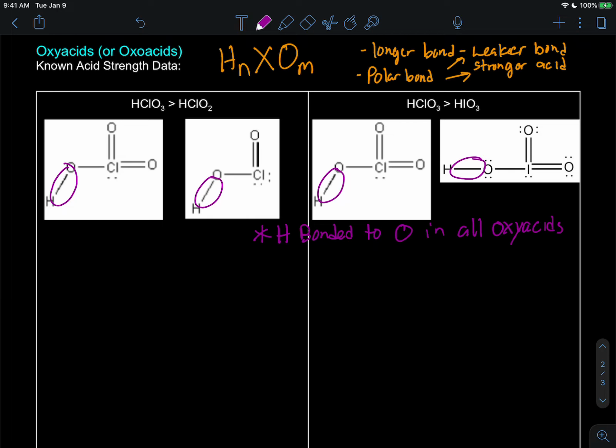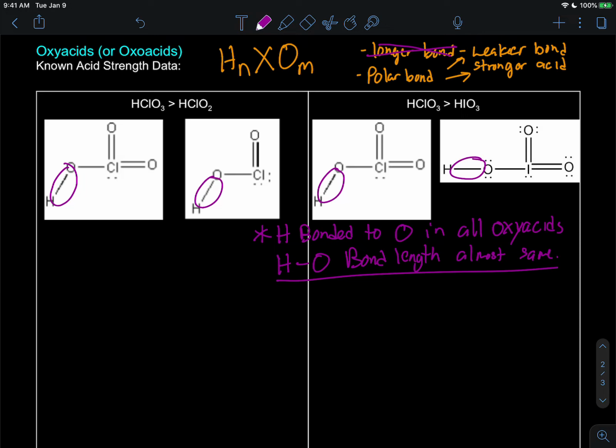Now, what does that mean? That means the hydrogen-oxygen bond length is basically the same. So what we notice here is that our bond length with oxyacids, well, let's just strike that out. That's not actually going to affect any of our strengths of acids.